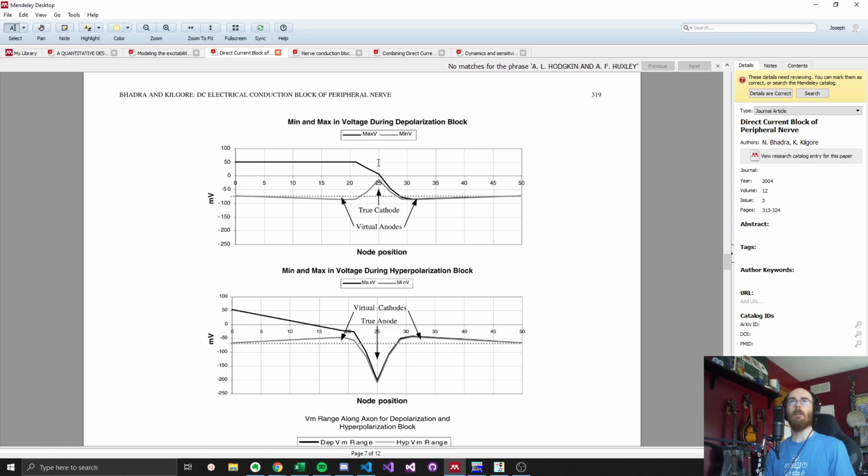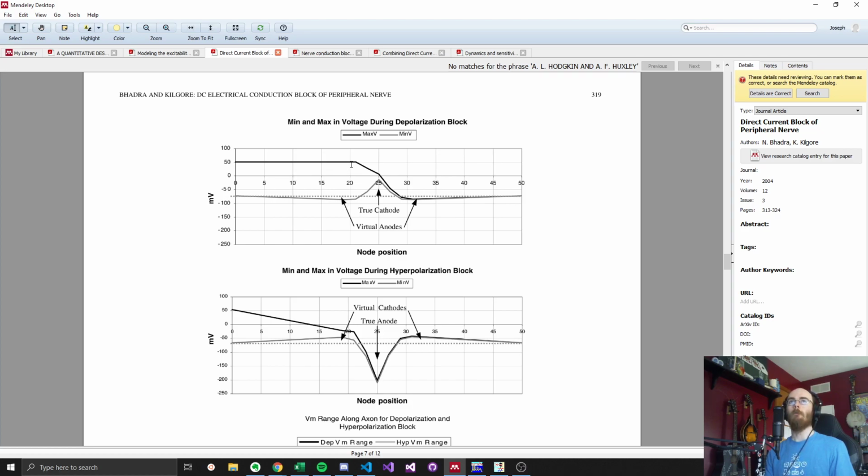Something interesting to note is that the flanking nodes then get hyperpolarized, and we call those the virtual anodes, because when we do anodic stimulation, it gets hyperpolarized.